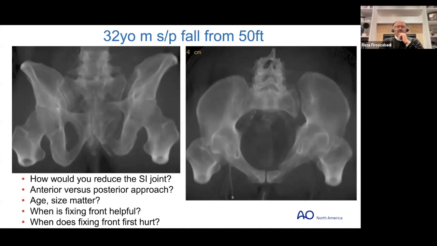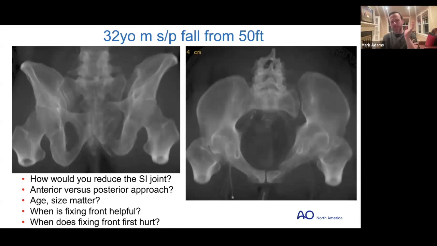How eager are you to do an open reduction of that SI joint? He's not obese. Are you going to try to assess the front and potentially approach the front, given that I already told you it's a relatively easy reduction, to help you with the back? Do you think that really helps? Just some points to discuss: when you look at this, what would you do?